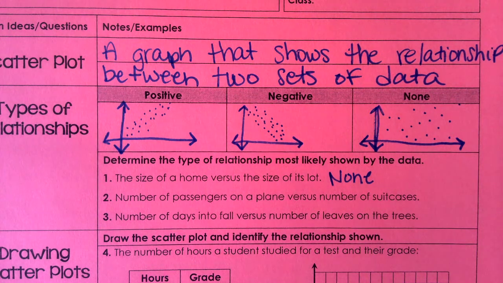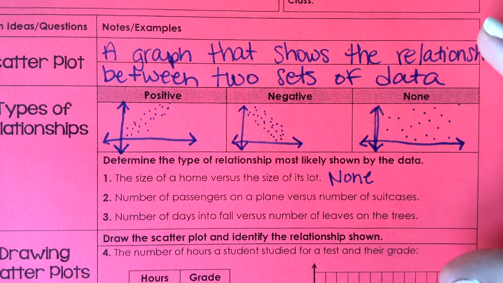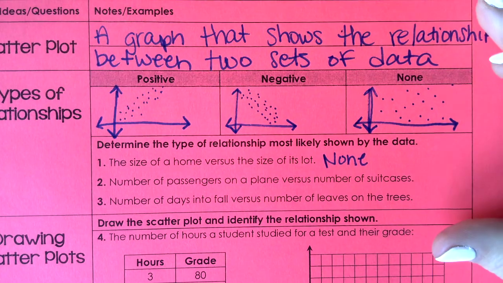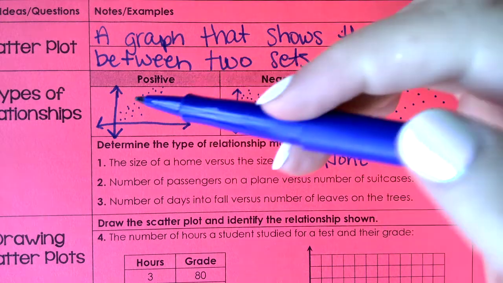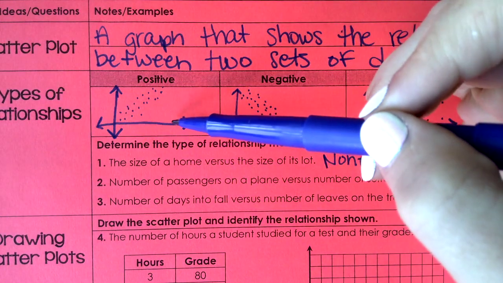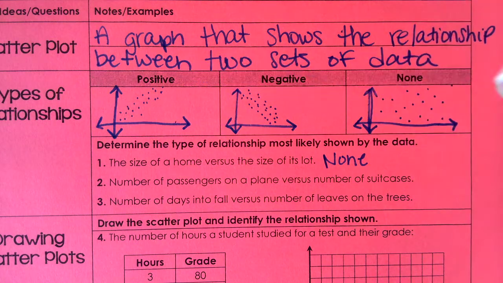How about the number of passengers on a plane versus the number of suitcases that's also on that plane? If I have more people on my plane, am I going to have more suitcases or less? The more people, the more suitcases there are going to be.